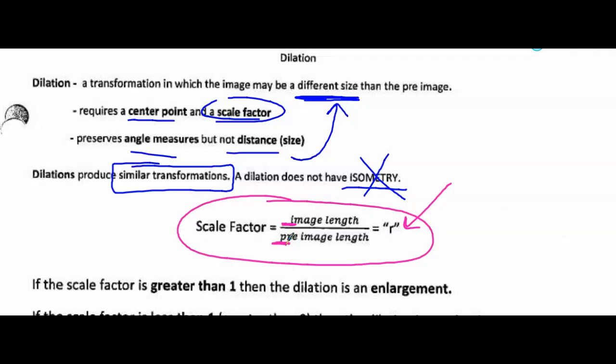It says here, if the scale factor is greater than 1, we call this an enlargement. Now remember, if you see a scale factor R, which is 2, 2 is bigger than 1, so that's an enlargement. And some people think that 4/3, just because that's a fraction, it's not larger than 1, but it is. So that is going to be an enlargement.